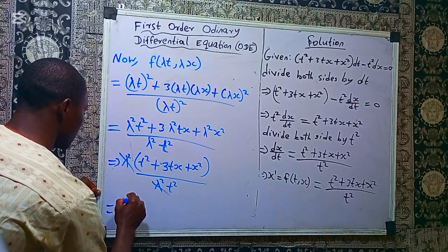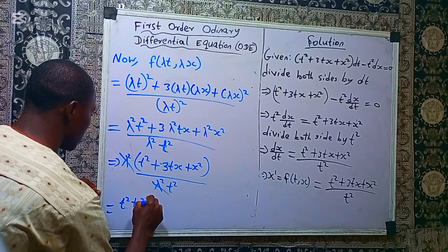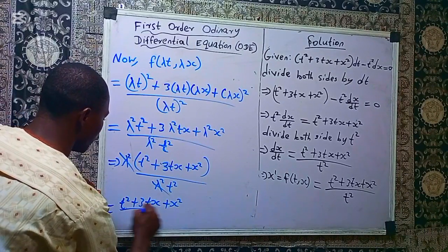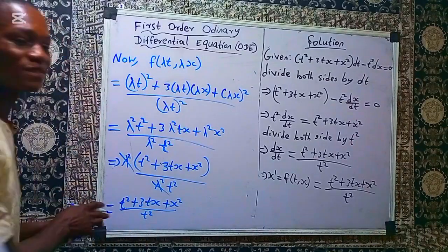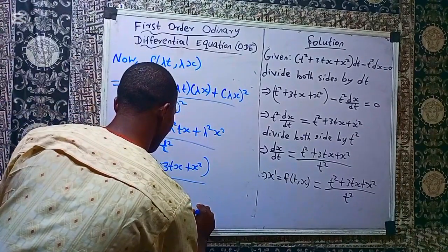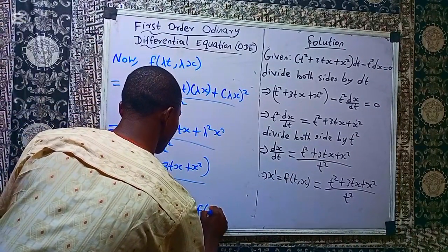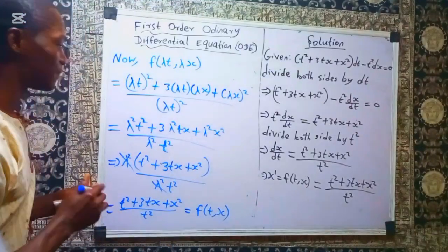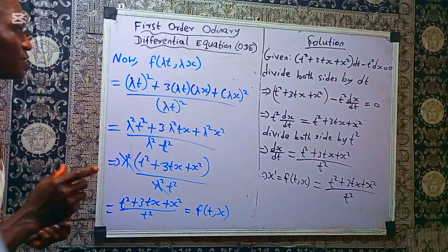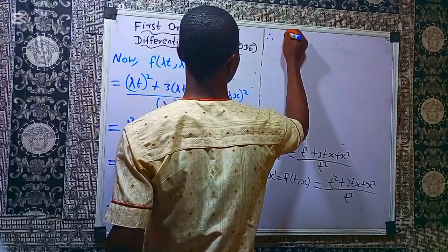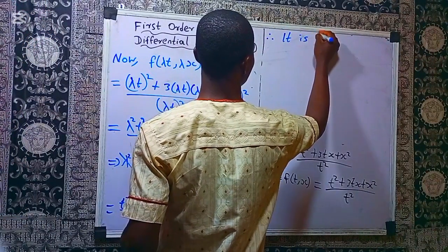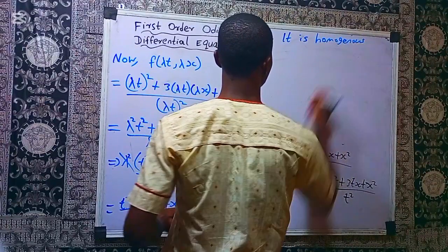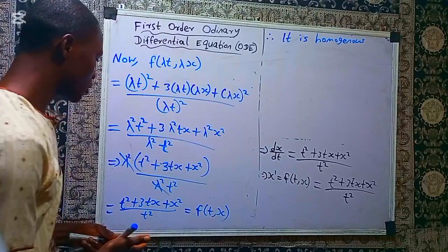You now have t squared plus 3tx plus x squared, divided by t squared. But what is this expression? This expression is my f of t comma x. Wow, I've shown that it's homogeneous, right? So we are going to make that statement. Therefore, it is homogeneous. Wonderful. It satisfies it.